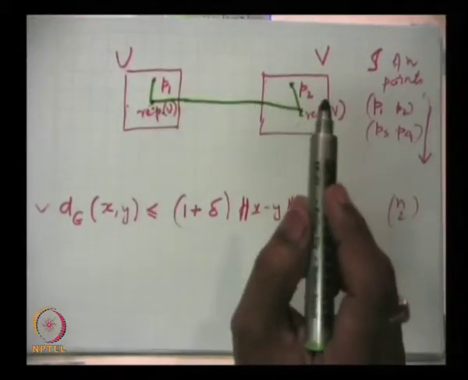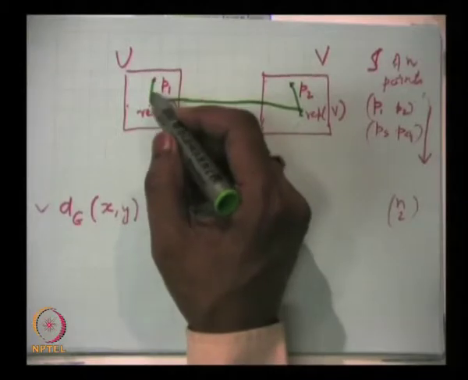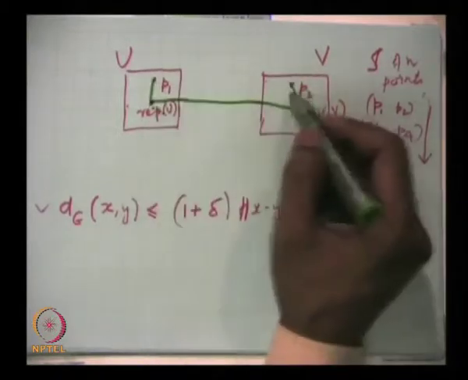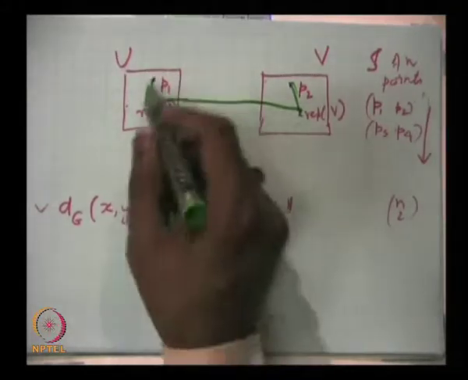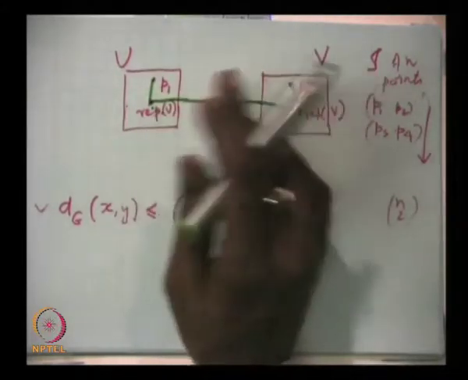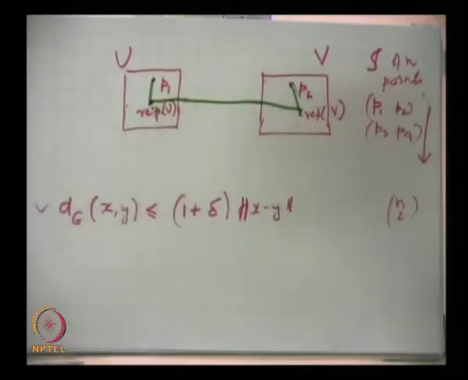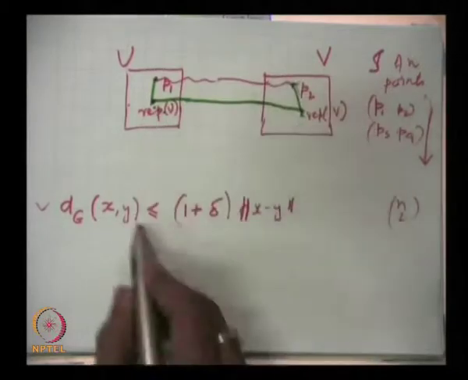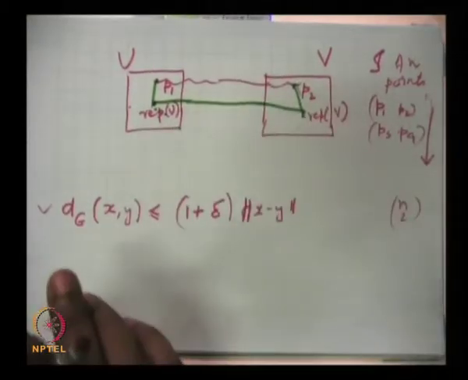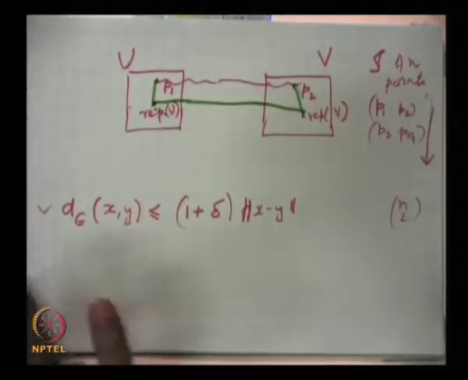That is one property we are going to use. The other is the induction hypothesis, that this distance in the graph is already captured in the spanner. You just have to use the triangle inequality to argue that in the graph this distance is not going to be more than 1 plus delta times the Euclidean distance. I leave that as an exercise, and you can complete it.